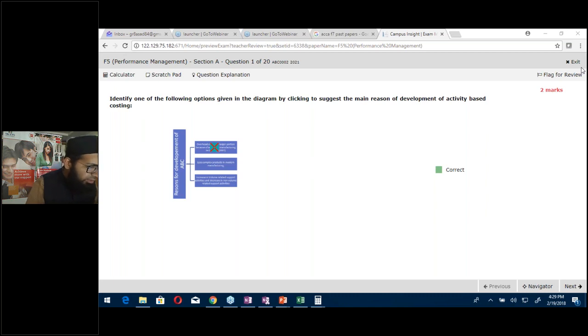And the correct answer is A. The A option says, overhead costs are a larger proportion than in traditional manufacturing techniques. So this is the reason that we use activity-based costing. Yes, it is very small to read, but when you access your campus inside on your own, you can read it easily.